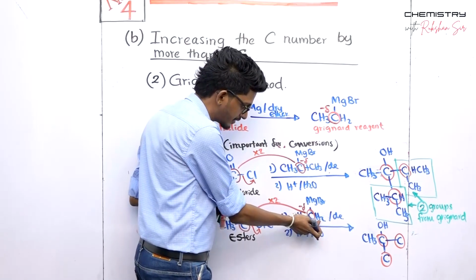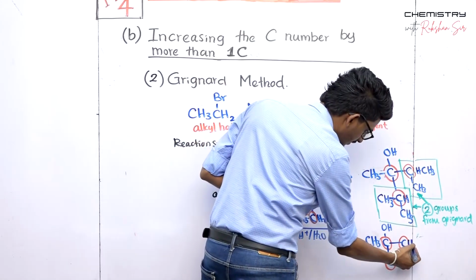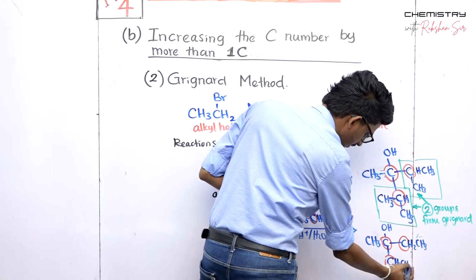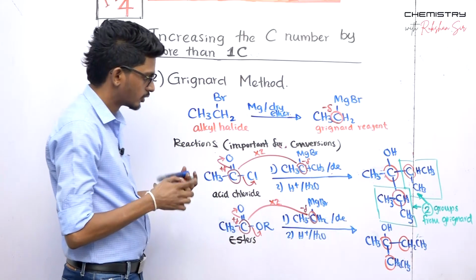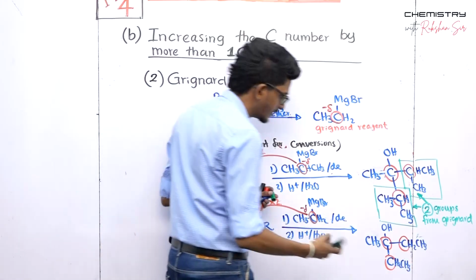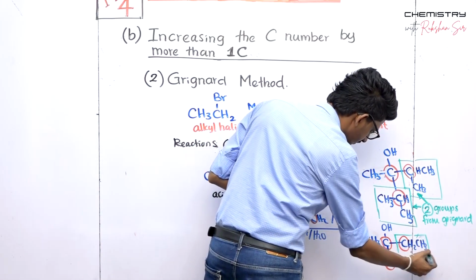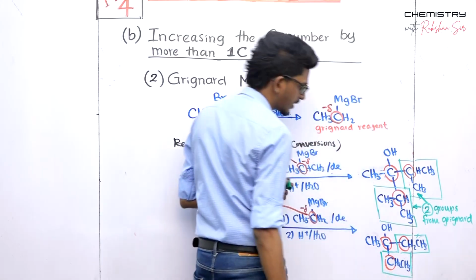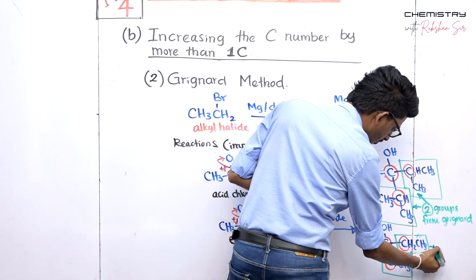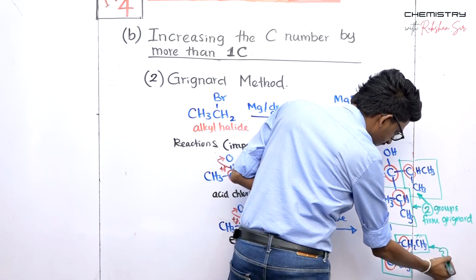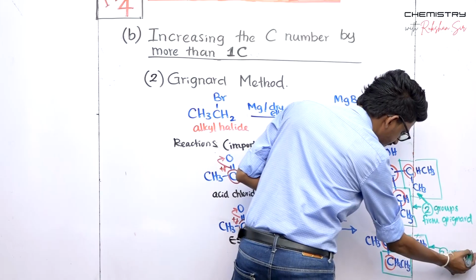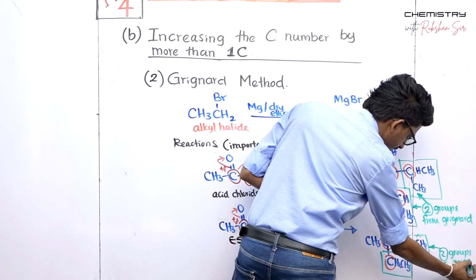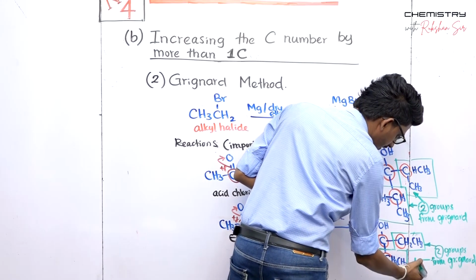Two groups are coming from Grignard. This is the R section of Grignard.